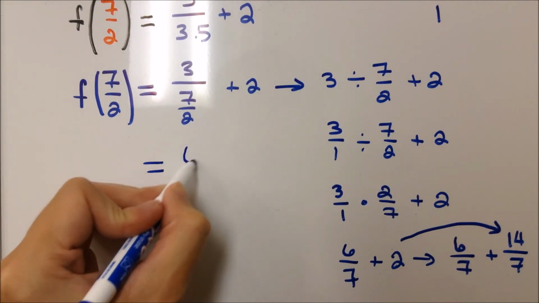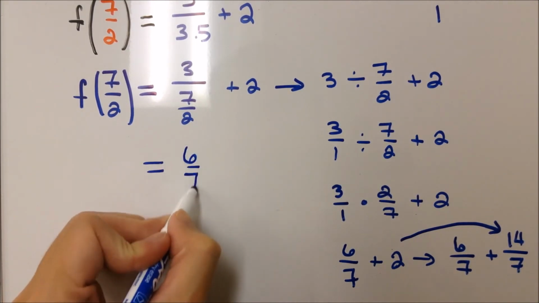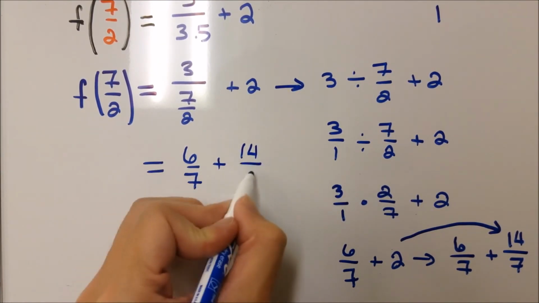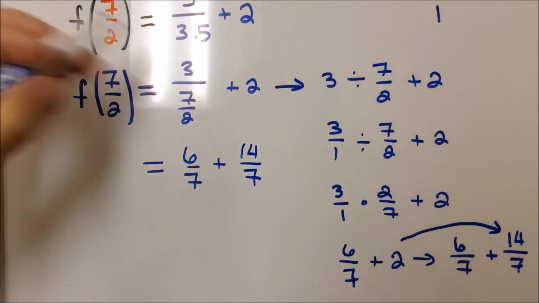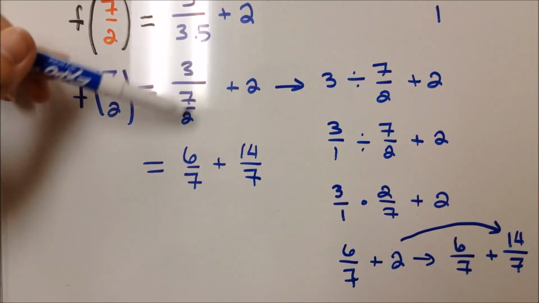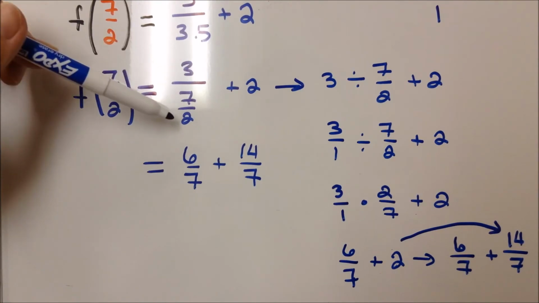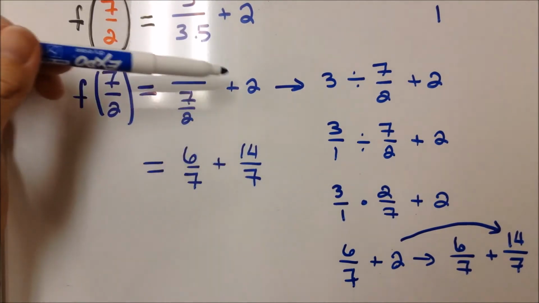So 6 over 7 plus 14 over 7. So this is the simplified form of this. This is the fraction form of the 2.